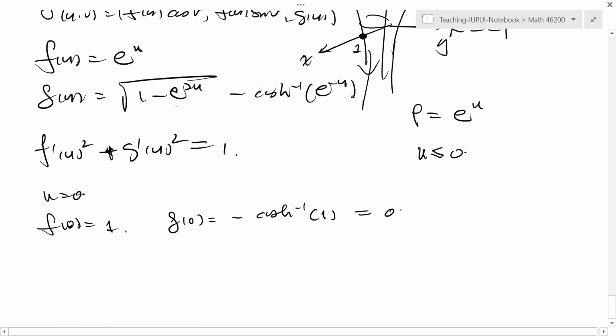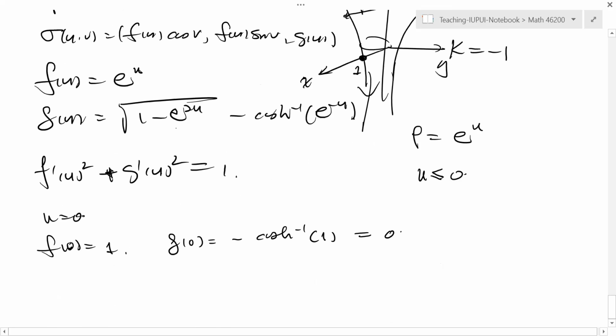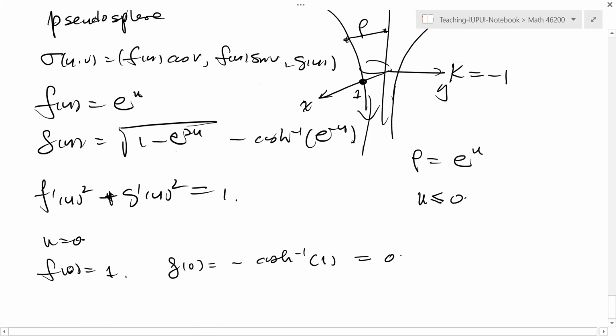So you can describe the geodesics. f of u is already given here, so let's try to describe the geodesics.